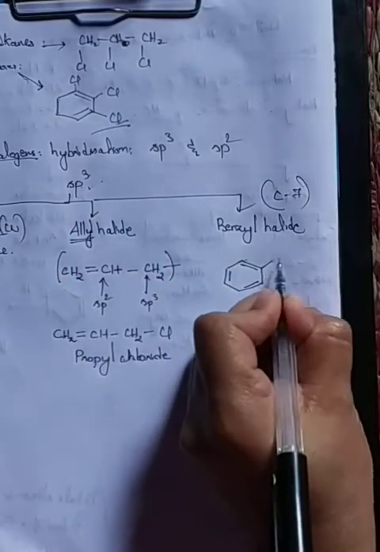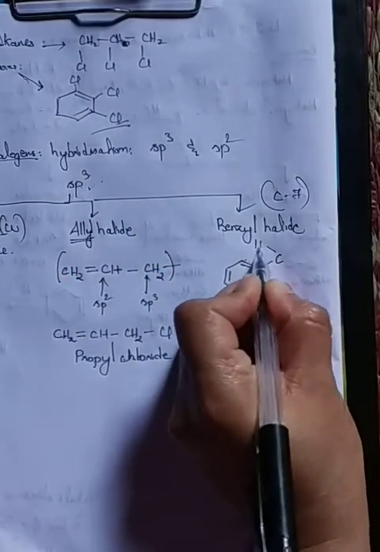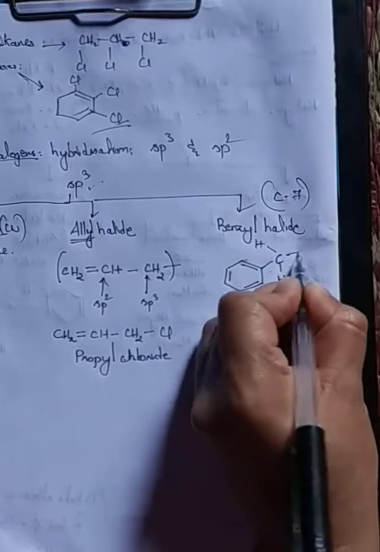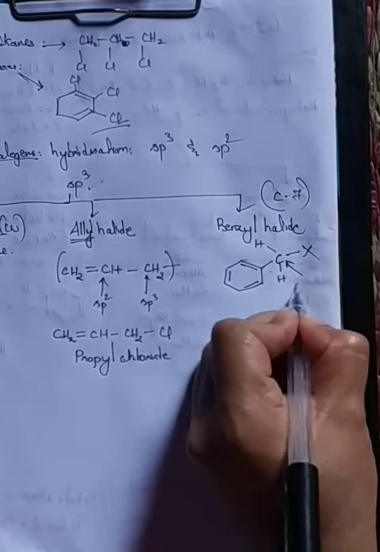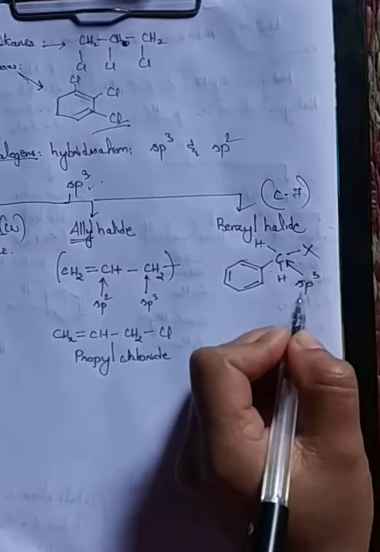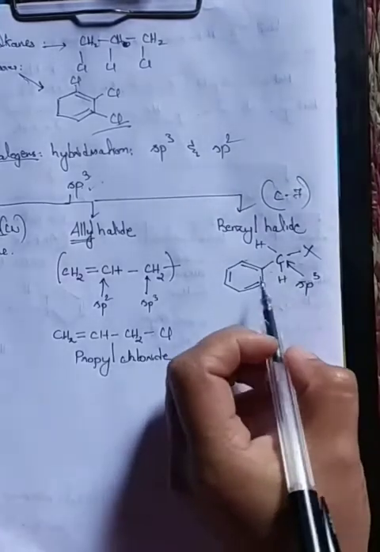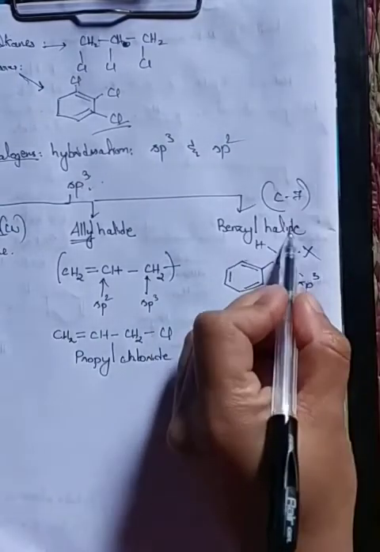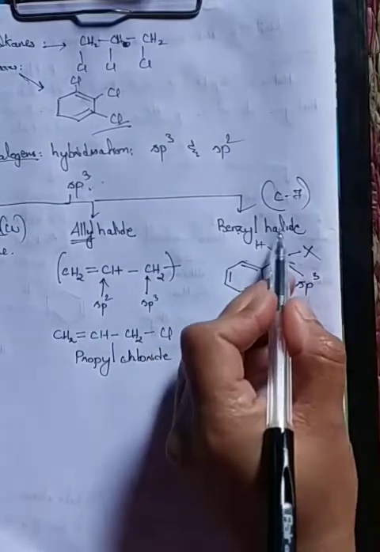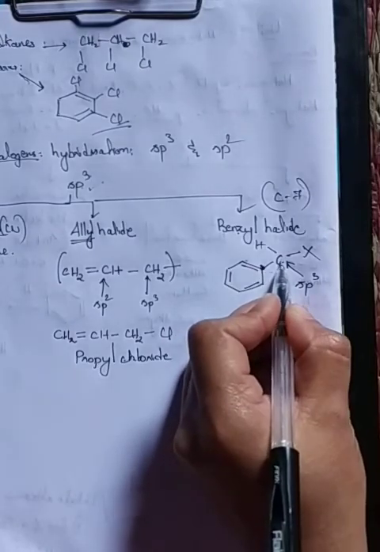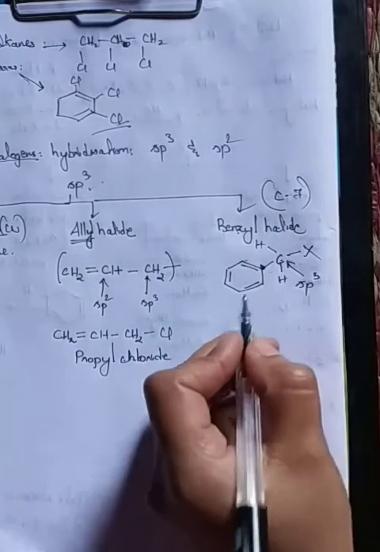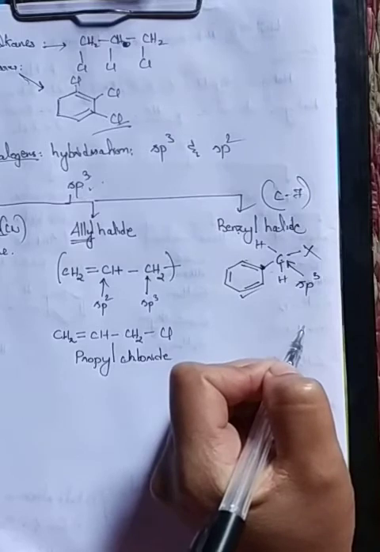Therefore, if we attach one carbon atom here with hydrogen atoms, the carbon atom to which the halogen atom is attached is sp3 hybridized, thus giving us our benzyl halide. This carbon atom is sp2 hybridized, this carbon atom is sp3 hybridized. This is an example of our benzyl halide.